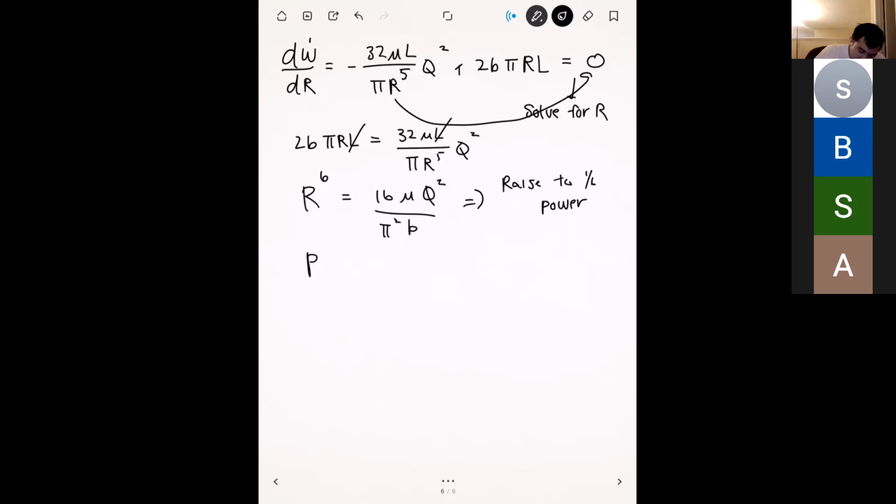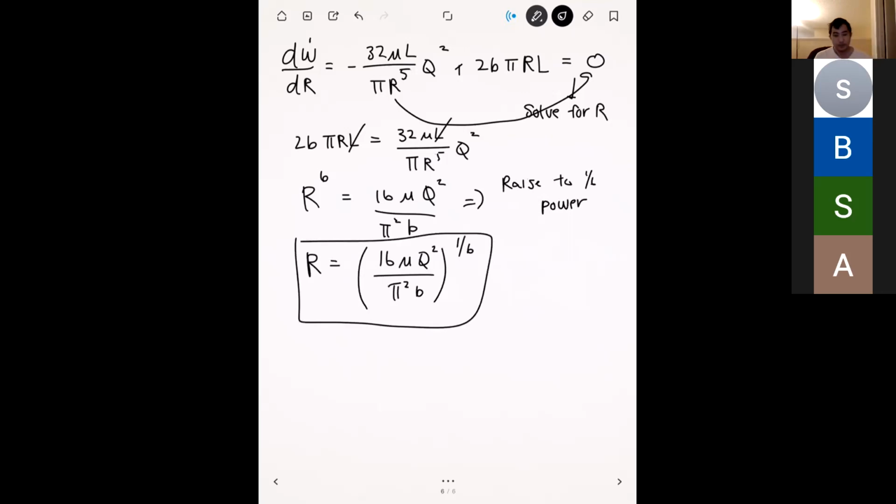So we have r equal to 16 mu q squared all over pi squared b, raised to the 1/6. This right here is the optimal radius that we can pick to minimize the amount of energy.